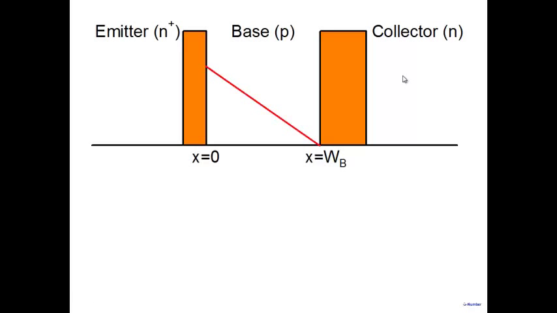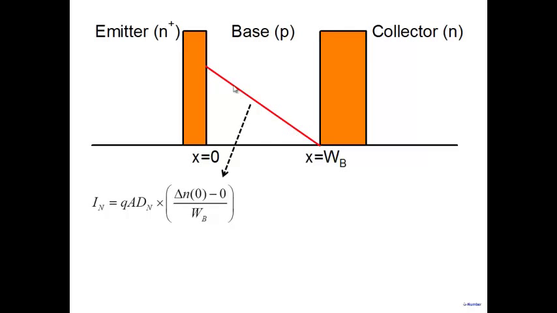In the forward active mode, the emitter is injecting electrons into the base, and the collector junction is reverse biased. If we assume a uniformly doped base, the electrons diffuse, and the excess electron density profile is like this. This is forward active mode; the transistor has not gone into saturation, and the collector base junction is reverse biased here.